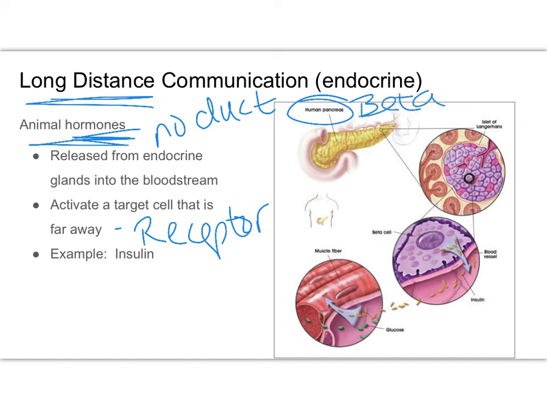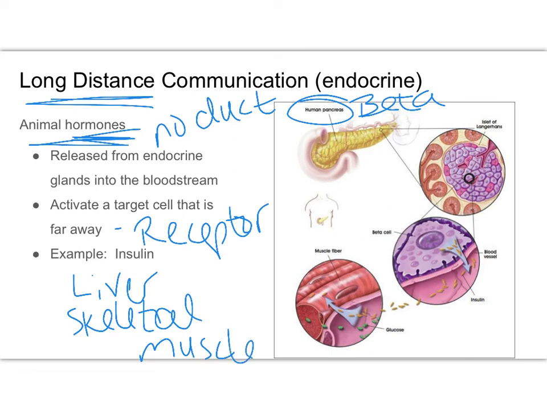And that insulin hormone is going to be released straight into the bloodstream, and it's going to travel and look for particular target cells. And the main target cells for insulin are going to be liver cells, skeletal muscle cells. These are going to be the kinds of cells that are able to store extra sugar.